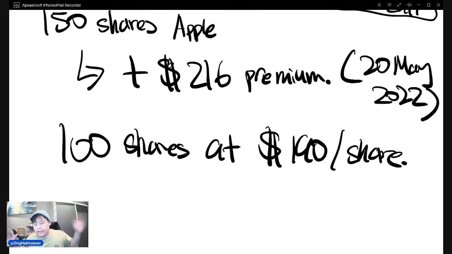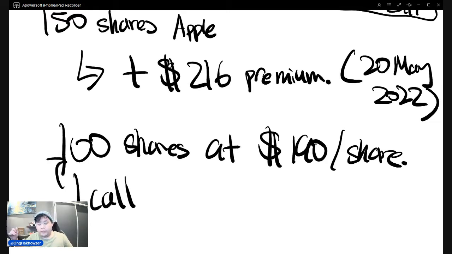Okay, so when I sell this one call, because one call would be going with 100 shares, I get $216 in premium. Basically, me just getting this money, it will most likely be free, because for me to see if Apple will hit $190 by 20th of May 2022, which will be coming in exactly 5 months' time, I don't think that would happen so easily, which is why I think that this is a very valid strategy for me to apply to.